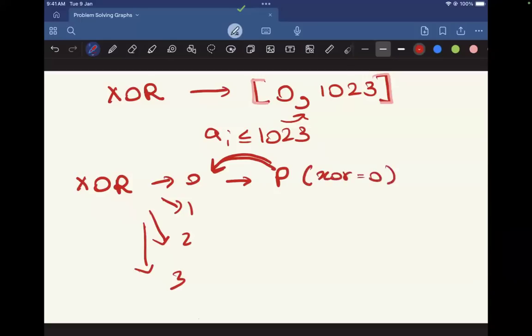Like if there are 5 subsets with XOR 0, if I just add their probability, I would get the probability of getting XOR equal to 0.